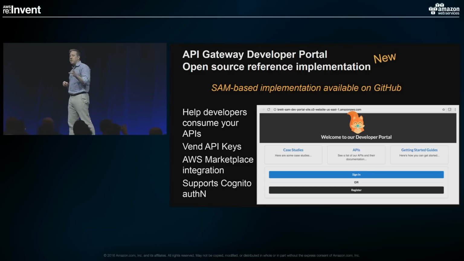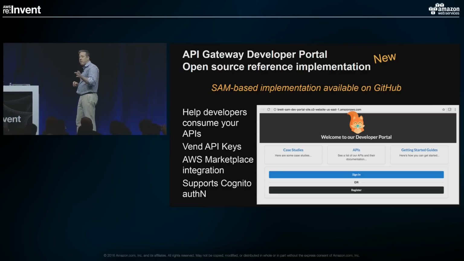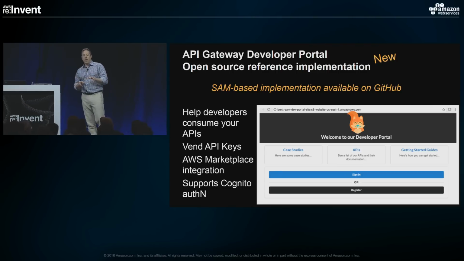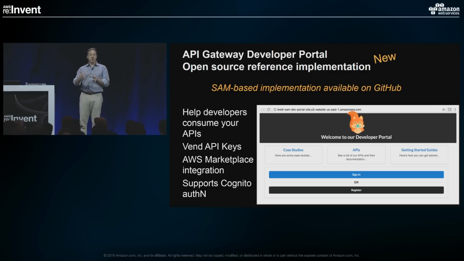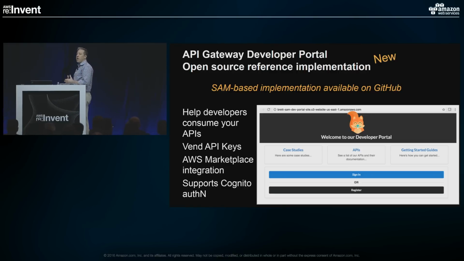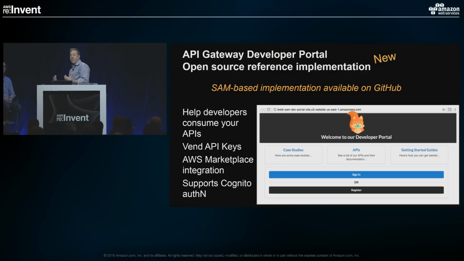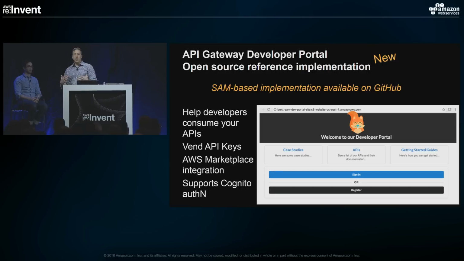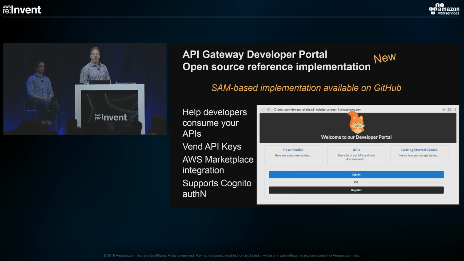And of course, it's built into that AWS Marketplace integration so that it would make it really simple for you to take this reference and then redirect people who are purchasing your API over to your copy of the portal. You're, of course, free to use your own. You can take this and extend it and modify it however you like. But it's a great way to get started and kind of completes that picture of setting up an AWS monetization strategy.